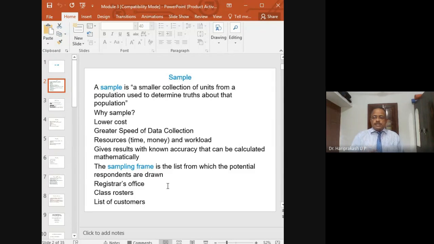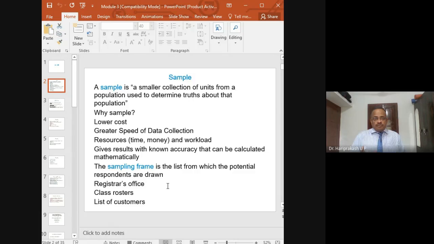The word population that we use in our general sense refers to the total number of people in a particular region or a state or a country. Is it not? But here, when we are talking about research methods, in the research, the population refers to the total number of units under that particular research study.